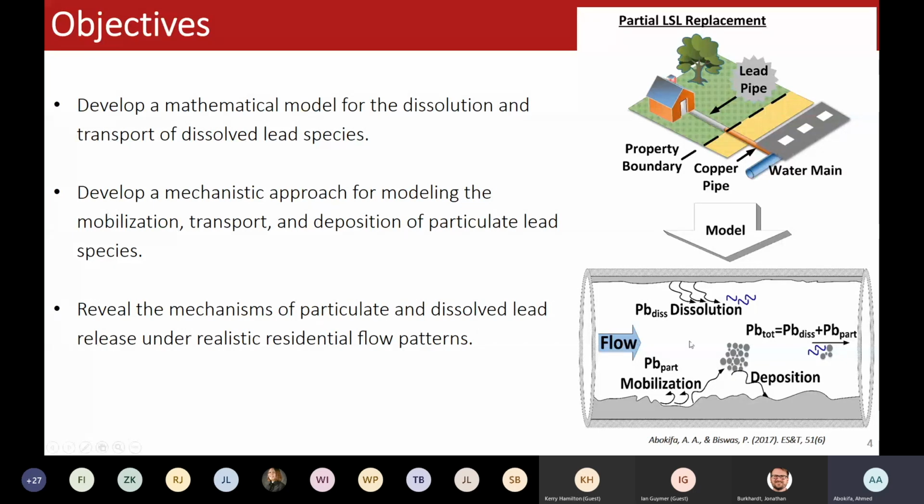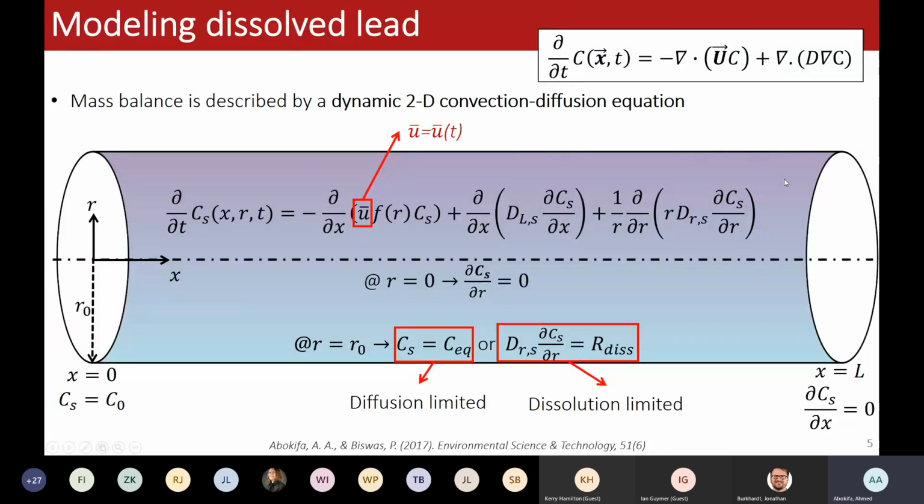That includes developing a mathematical model for simulating the dissolution of dissolved lead, and also the mobilization, transport and deposition of particulate lead species, and then using this modeling framework to understand the mechanisms of particulate and dissolved lead release under realistic residential flow patterns simulated with a stochastic water demand generator. So let's get to the nitty-gritties of the mathematical model.